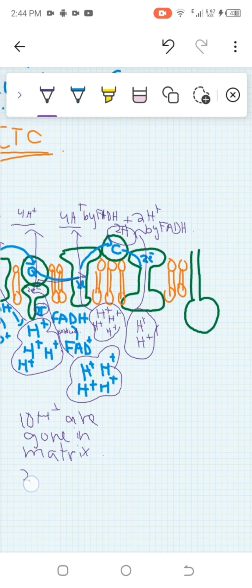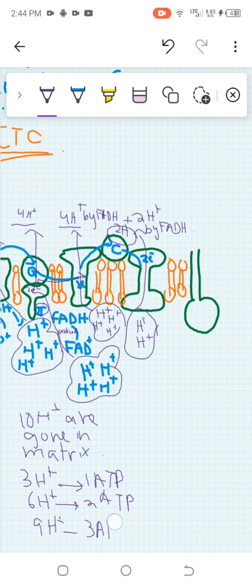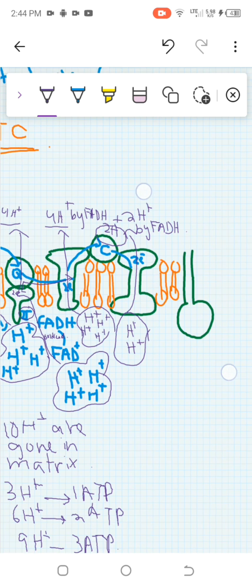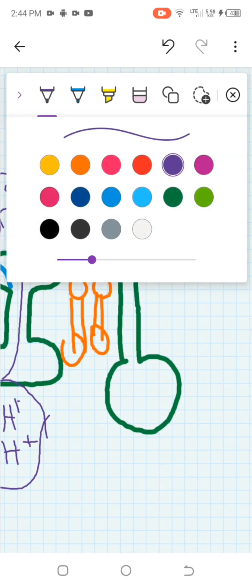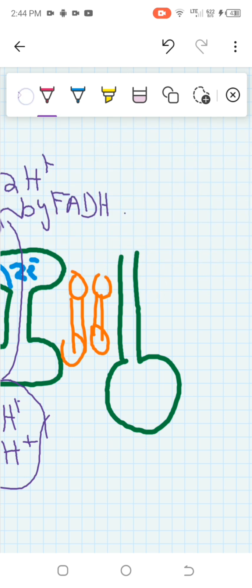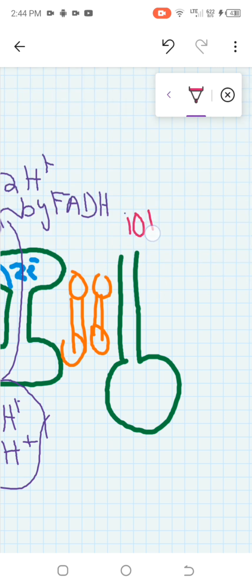So as you can see, when 3 H positive ions join, we get 1 ATP molecule. This means if we have 6 H positive, we will get 2 ATP molecules, and if we have 9 H positive, we will get 3 ATP molecules. Here we have 10 H positive ions.